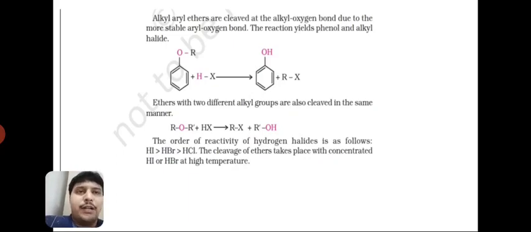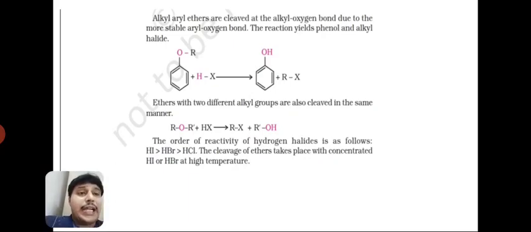The statement is that alkyl aryl ethers are cleaved at the alkyl-oxygen bond, meaning the O-R bond breaks, not the Ar-O bond. That's why phenol and alkyl halide are formed.